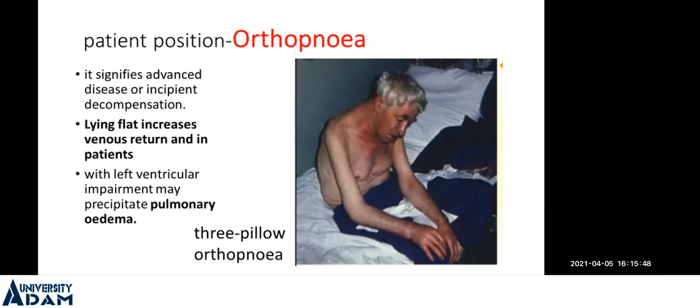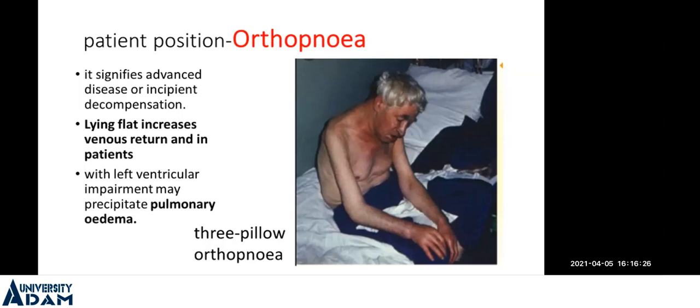When he lies down, the blood goes, if you remember the pulmonary and systemic circulations, and increases the pressure in the left ventricle, then the left atrium, then the pulmonary vessels. The blood stays and gives pulmonary edema, lung edema. That's why the patient cannot breathe when he lies down.